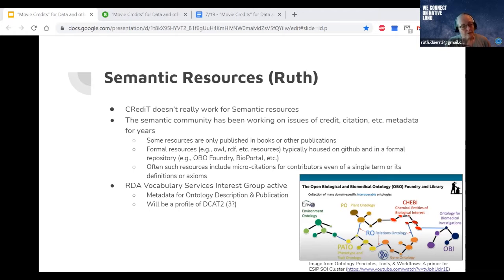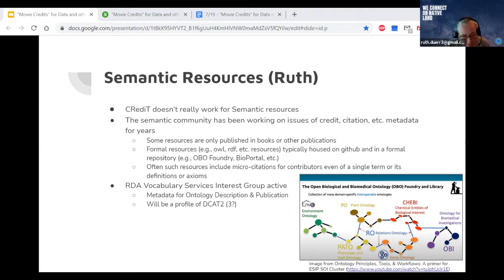And moreover, there are ontologies of these sorts of things that have been developed. For example, the RDA Vocabulary Services Interest Group, which is fairly active, has a metadata for ontology description and publication ontology, which in other words, you have an ontology about how to create metadata for your ontology, and it'll be a profile of DCAT.